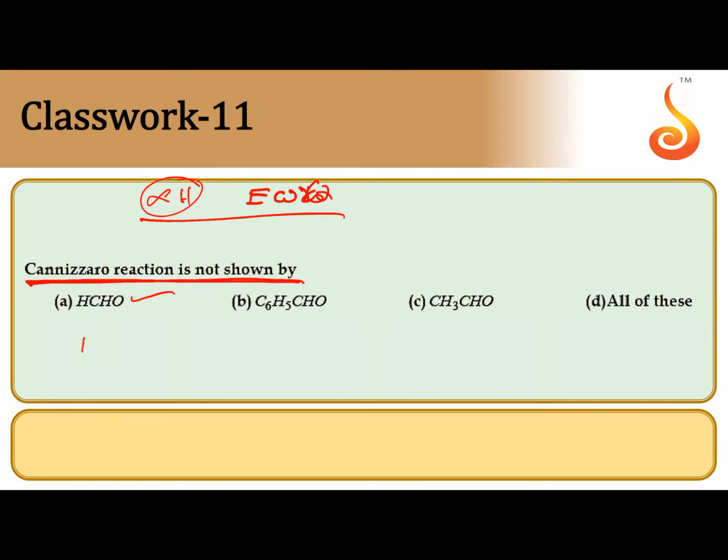Formaldehyde can show it because of the absence of alpha hydrogen. Benzaldehyde also can show the Cannizzaro reaction because of the absence of alpha hydrogen. But acetaldehyde, because of three alpha hydrogens, cannot show the Cannizzaro reaction. That's why the correct answer is C.